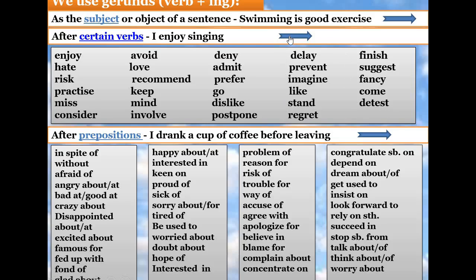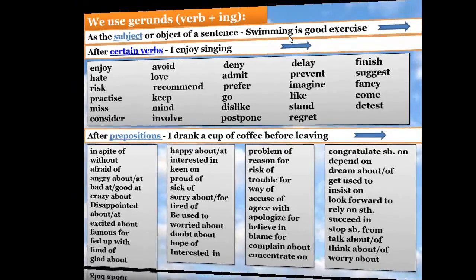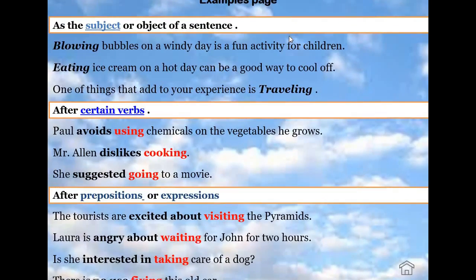All of these verbs are followed by gerunds. Let's have more examples. Paul avoids using chemicals on the vegetables he grows. Mr. Allen dislikes cooking. She suggested going to a movie.